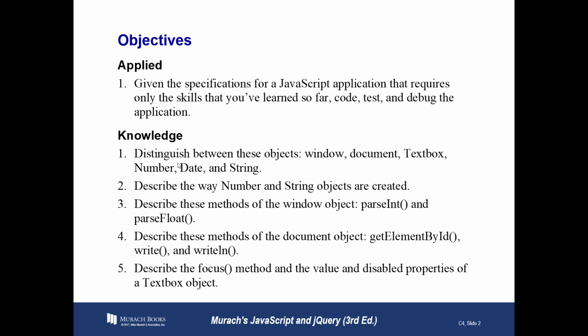So it says, given the skills you've learned so far, code, test, and debug an application. Distinguish between text box objects, window objects, document objects, string objects, number objects, and date objects. Talk about parseInt and parseFloat. Describe getElementById, write and writeln.